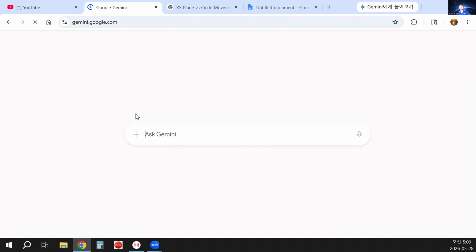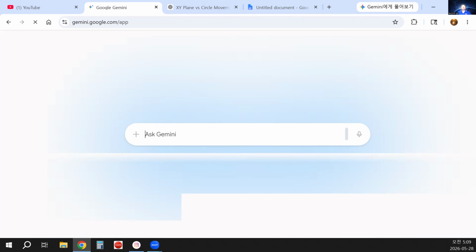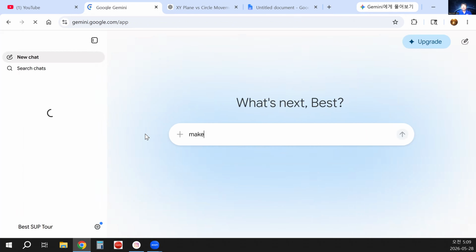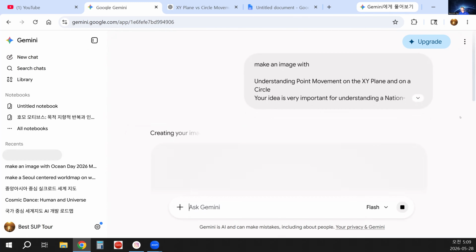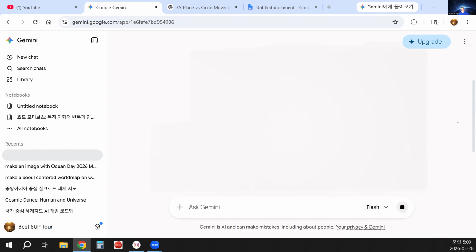Okay, let's see. It will create an image.